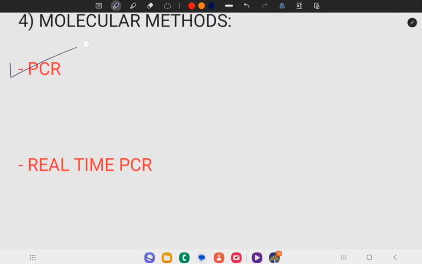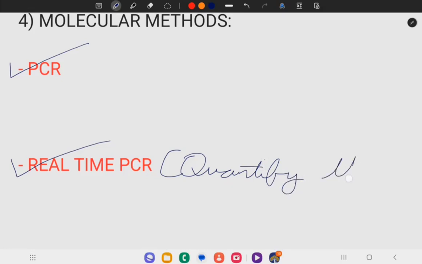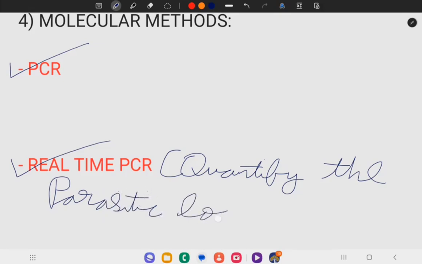Molecular methods such as PCR and real-time PCR are used. Real-time PCR is used to quantify the parasite load.